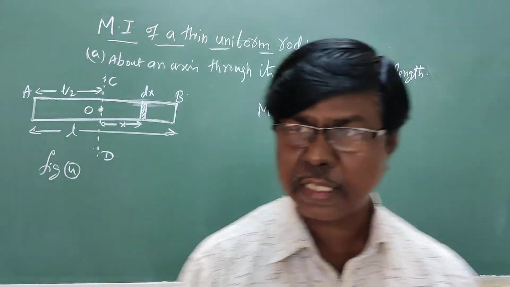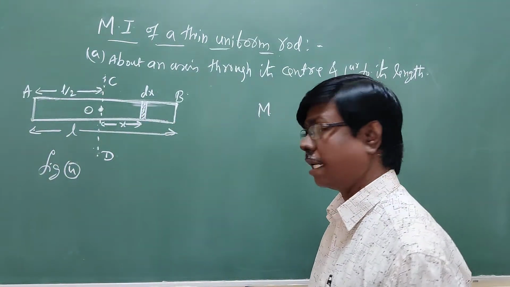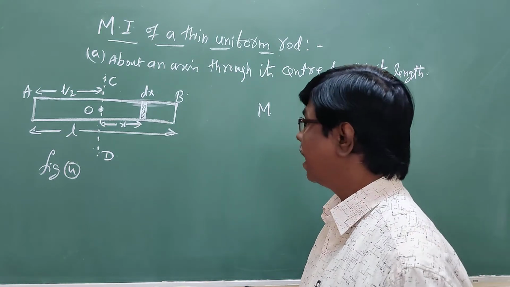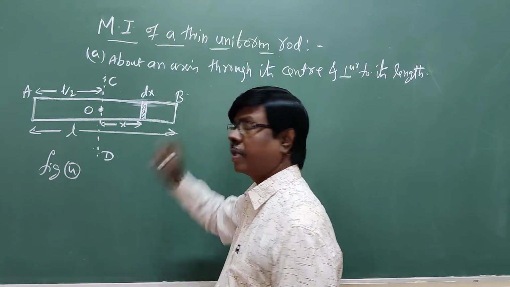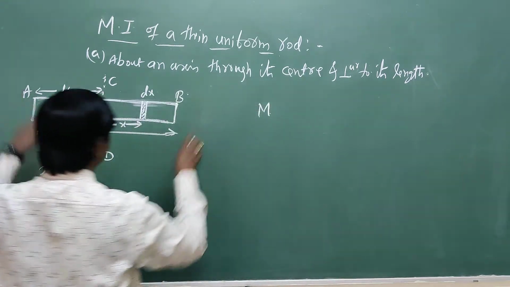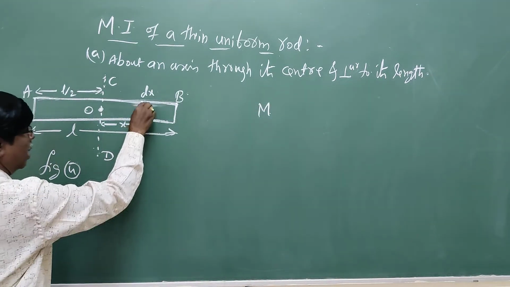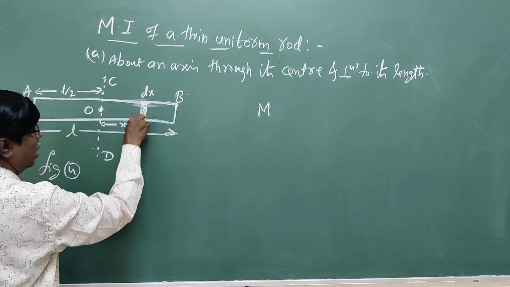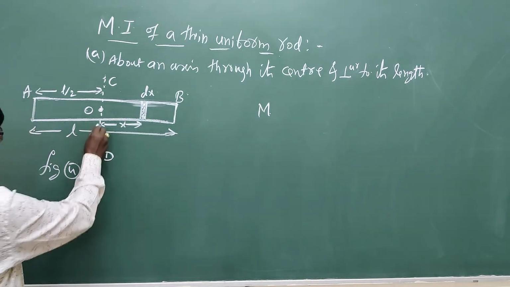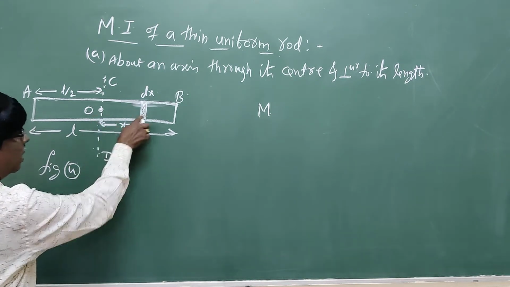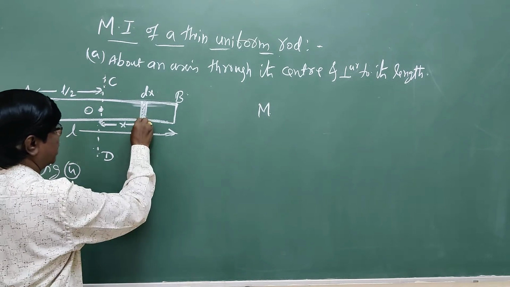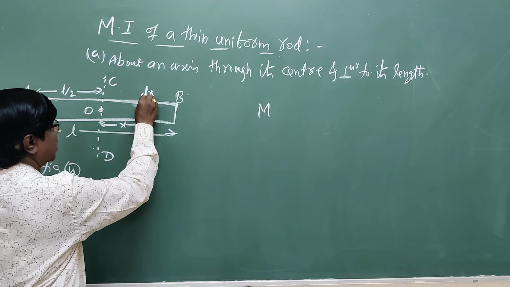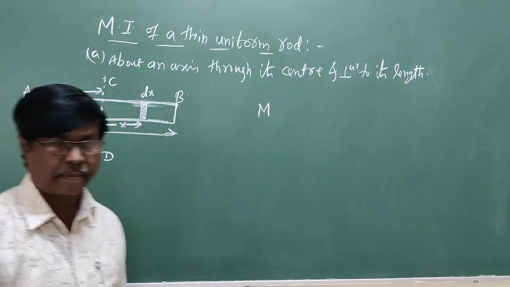So I will consider a small element in the rod. This is the complete rod. Let us consider a small element here, at a distance x from the center. The thickness of the element is dx.